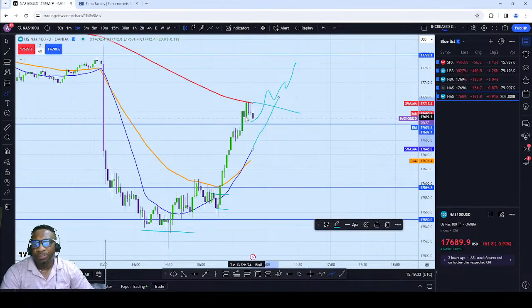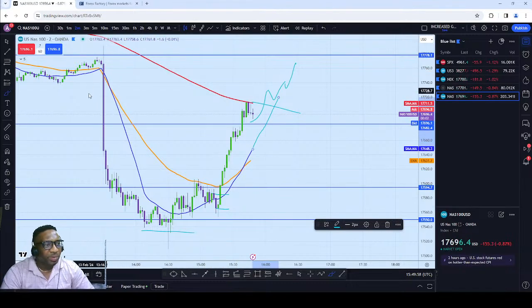But nevertheless, if price pulls back to the 20 moving average at this point, looking at the momentum at which it is pushing up, it might pull back to this area again or go beyond it.